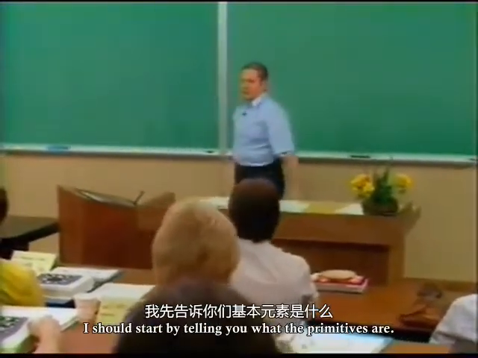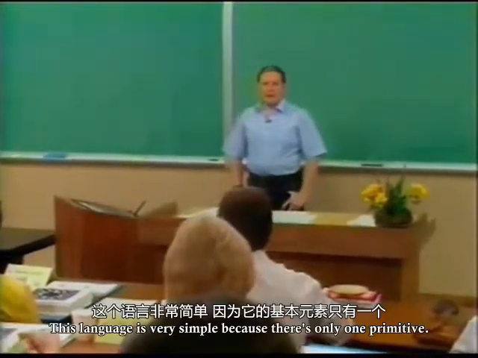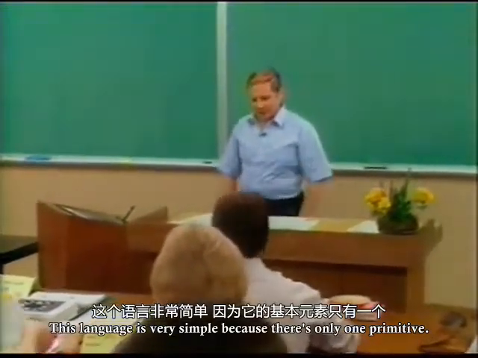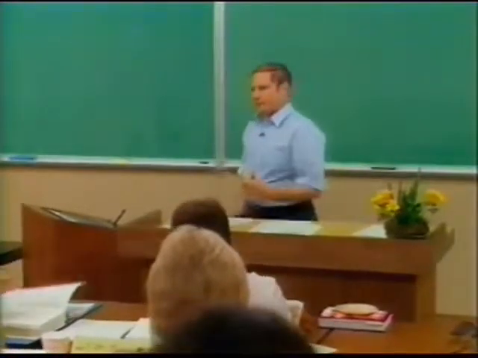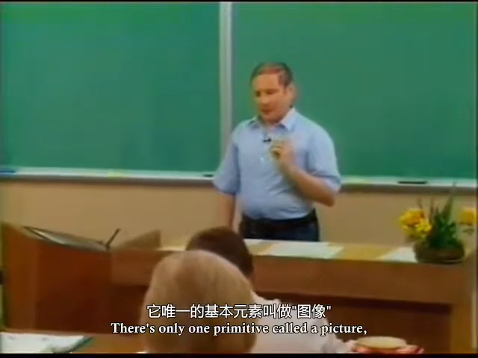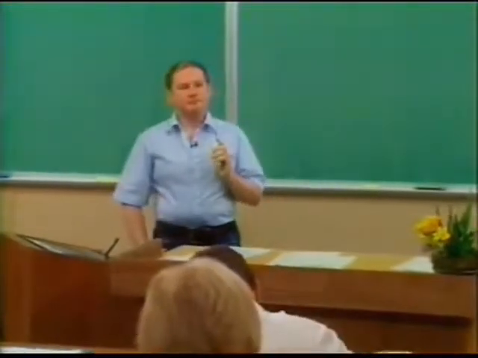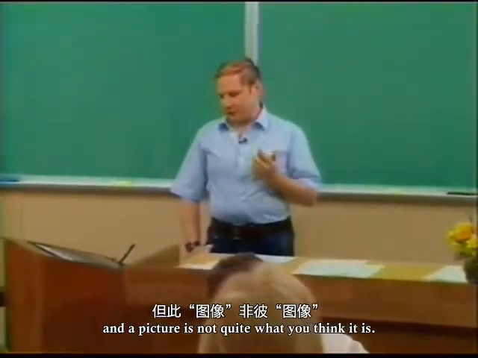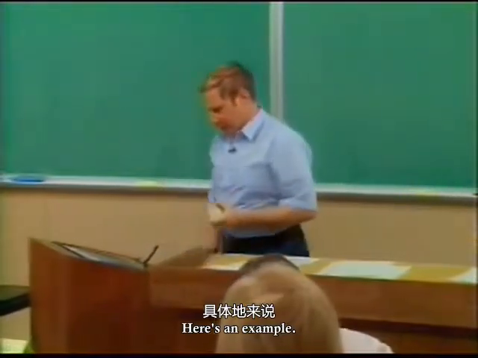I should start by telling you what the primitives are. This language is very simple because there's only one primitive. The primitive is not quite what you think it is. There's only one primitive called a picture. And a picture is not quite what you think it is. Here's an example. This is a picture of George.